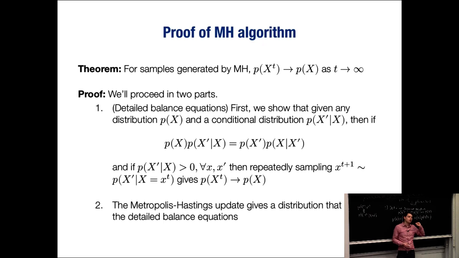Okay. So the first part of the proof is going to show that this is the case, that when you have this, you have this. The second part of the proof is going to be to prove that the Metropolis Hastings updates satisfy the detailed balance equations.